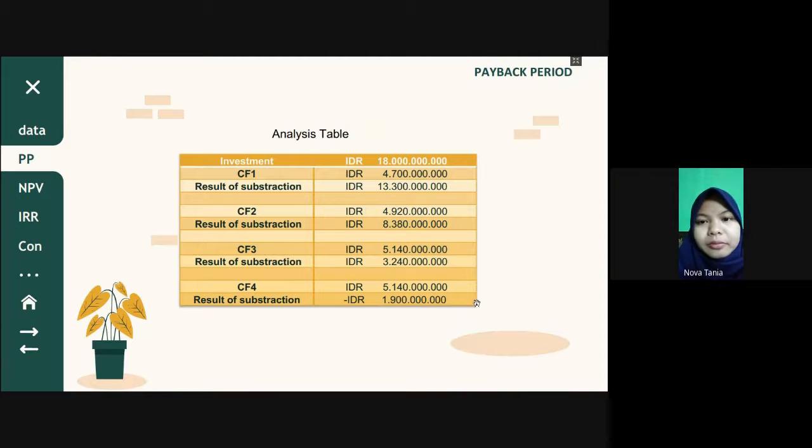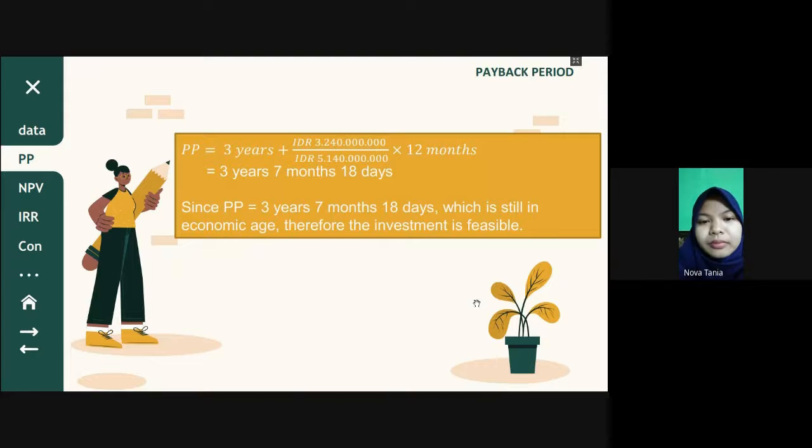And then next, PP is equal to 3 years. Why use 3 years? Because in the 3rd year, it is the last time that the capital has not been recovered, plus the result of subtraction in the 3rd year over the cash flow in the 4th year times 12 months.